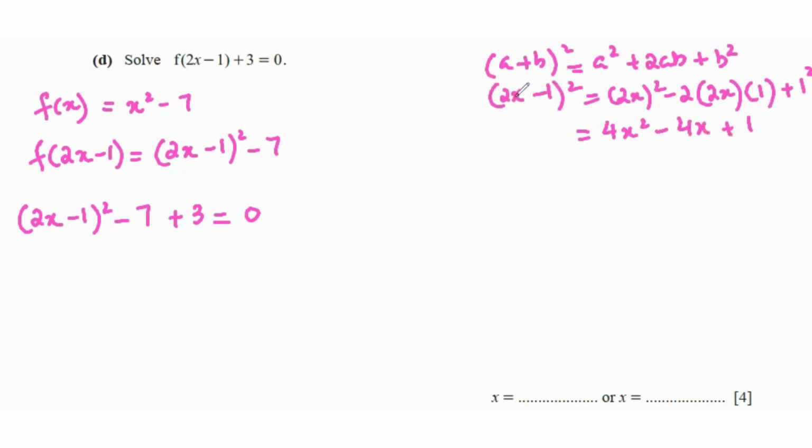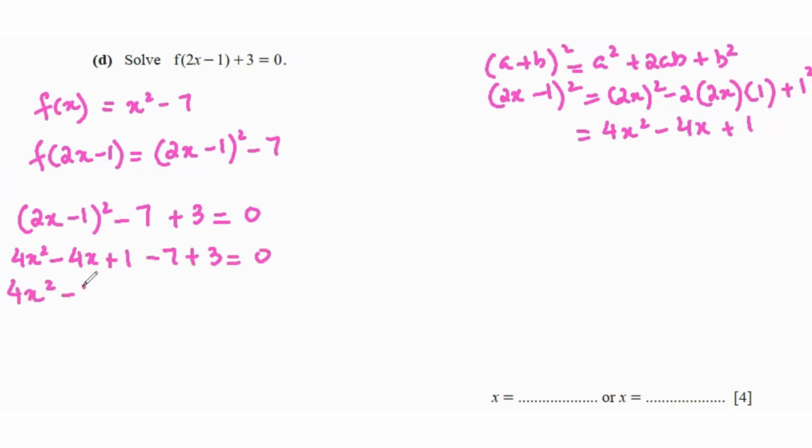Since it's 2x minus 1, so 2ab becomes negative. If it's 2x plus 1, 2ab would be positive like over here. So that's going to be 4x square minus 4x plus 1 minus 7 plus 3 equal to 0.